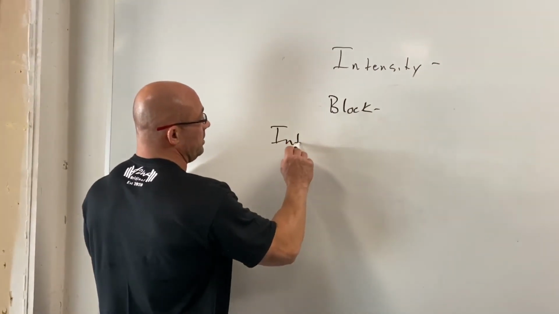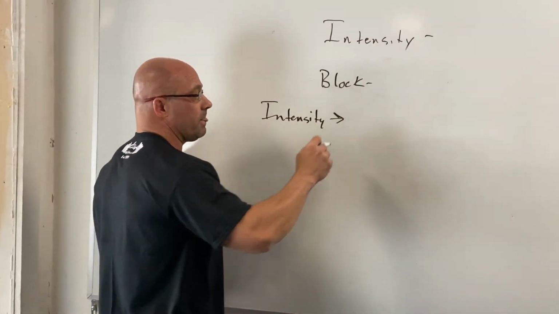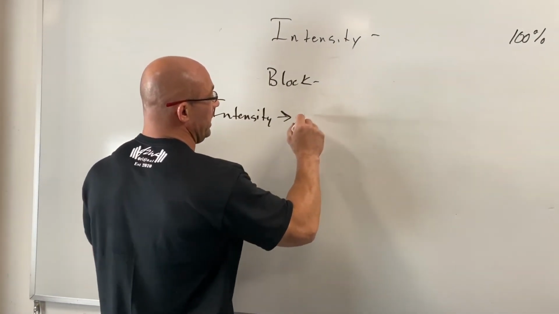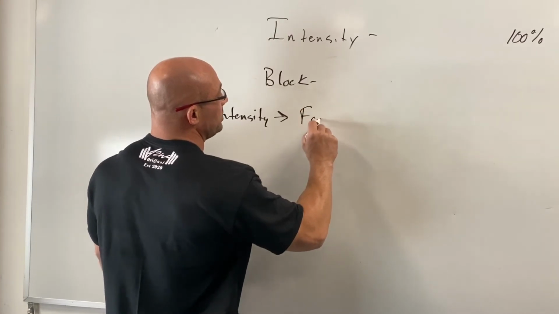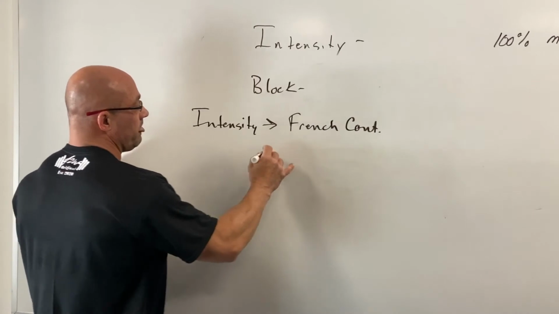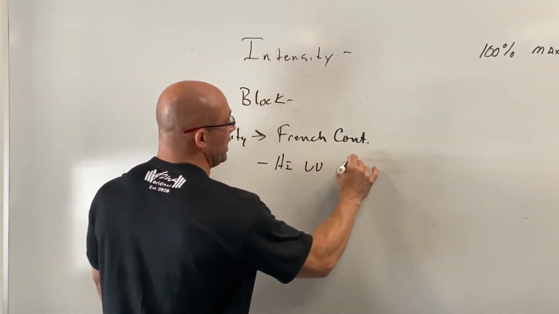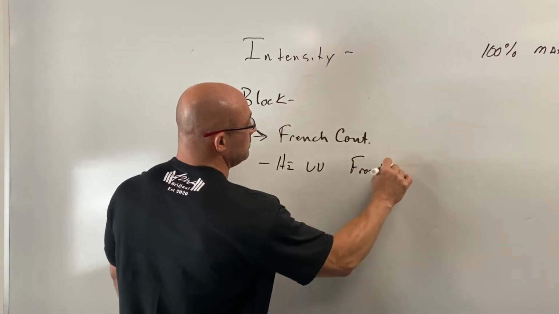Intensity can also be fluctuated within a given training session, such as a French contrast method. High intensity, low volume, say on a front squat.